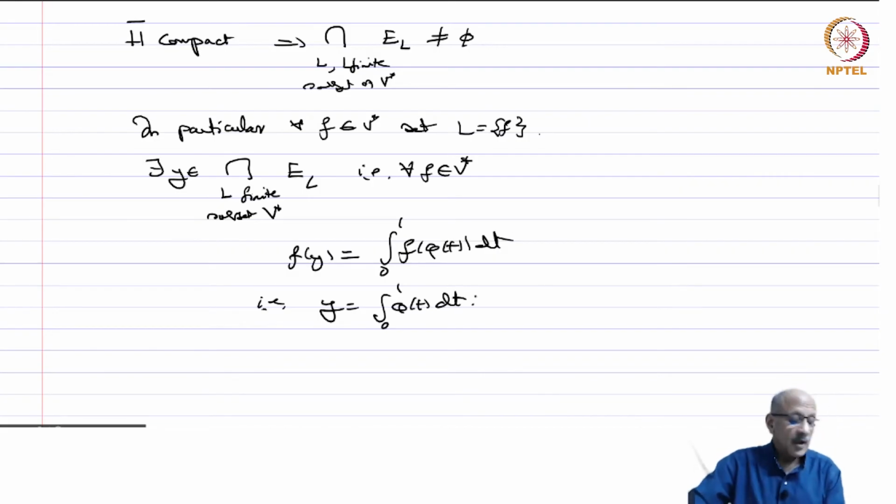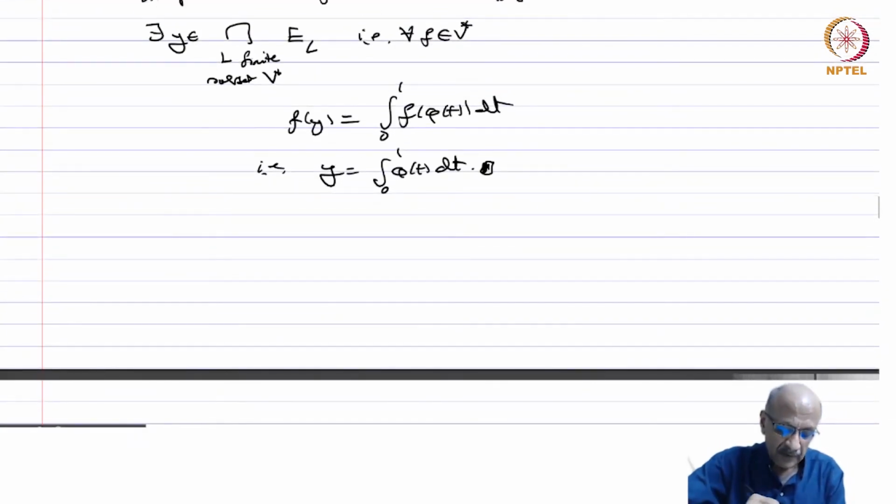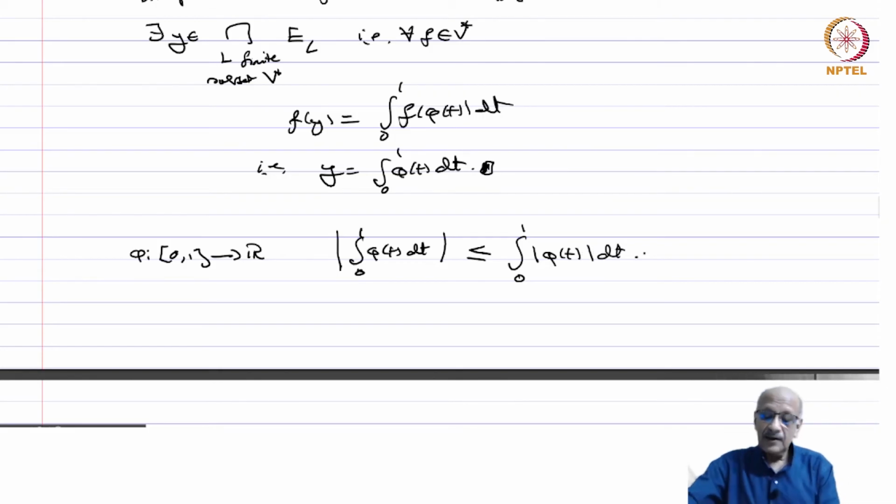So this proves that for continuous functions, you always have the integral. Okay, very good. Now, one of the important properties of the integral in one dimension: if you have phi from 0,1 to R, and you take the integral 0 to 1 of phi of t dt, and you take the modulus, when you want to estimate this integral, the first thing you would write is that it is less than or equal to the integral of mod phi t dt.